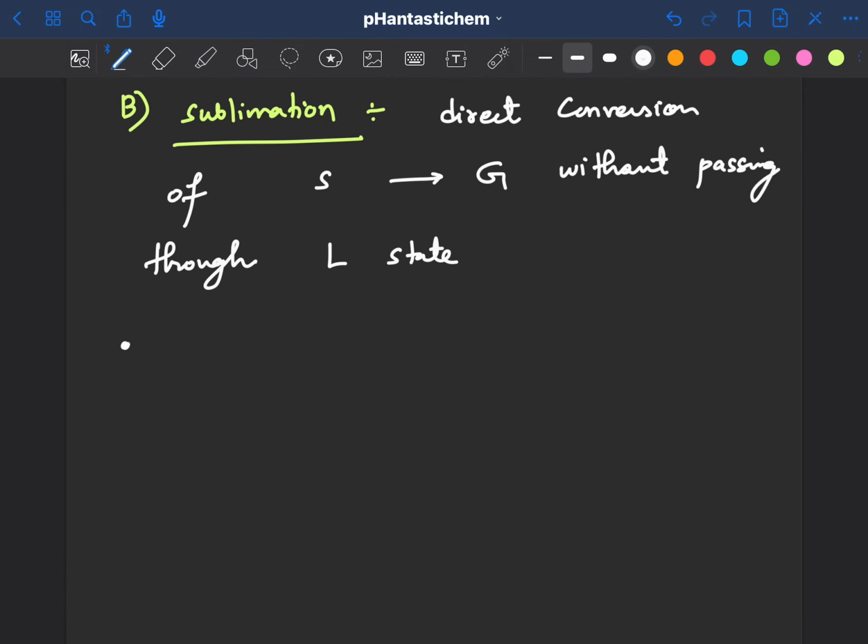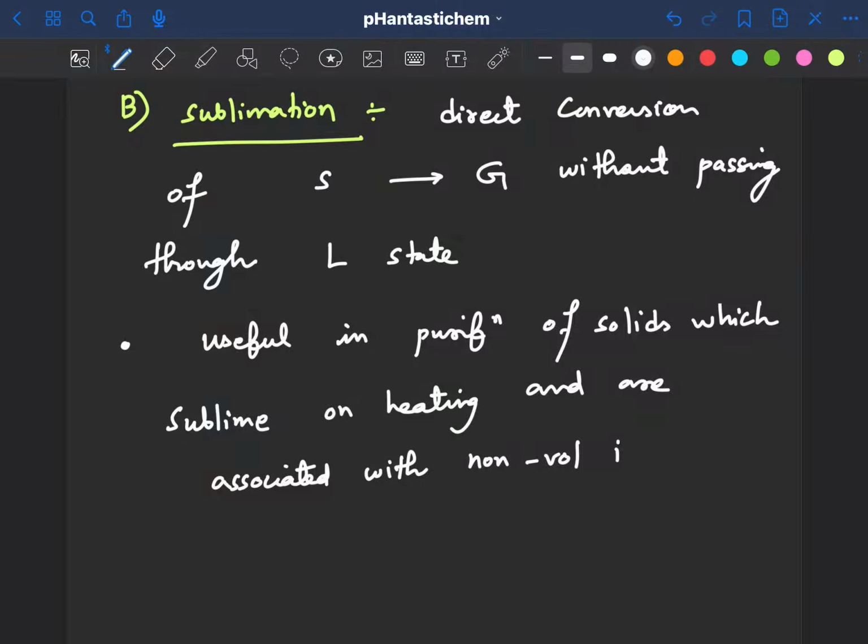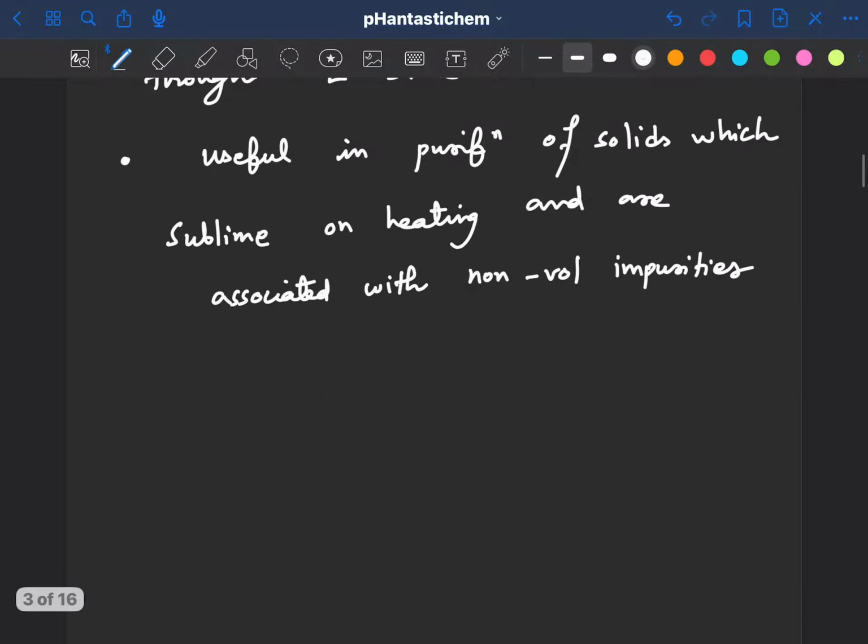So when is this method used? It is useful in purification of solids which sublime, that is, they undergo the change from solid to gas directly on heating, and are associated with non-volatile impurities, which obviously don't sublime because they are non-volatile.